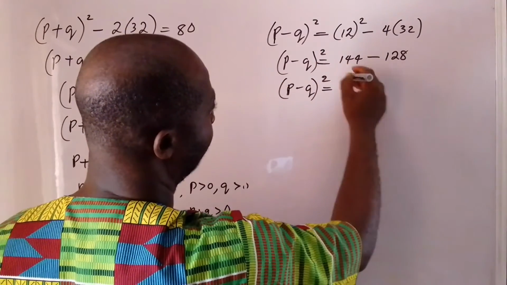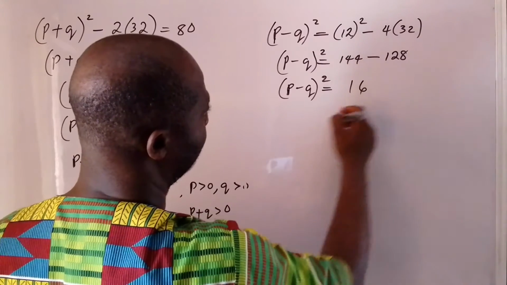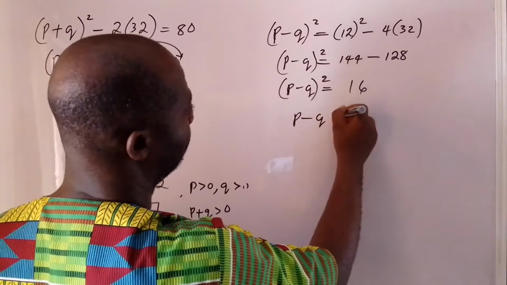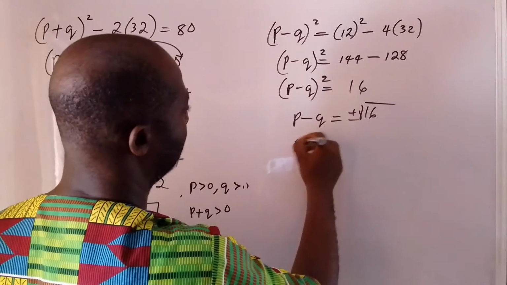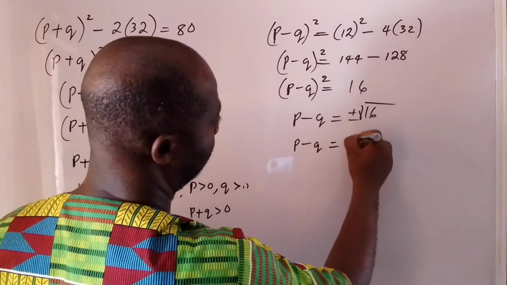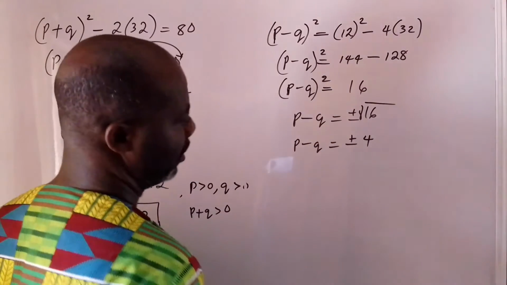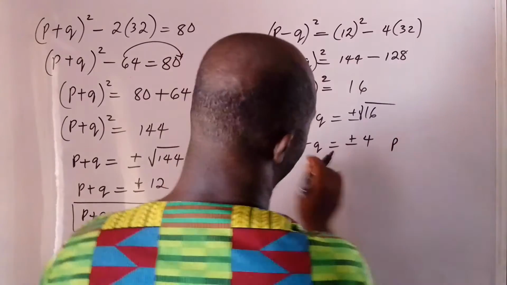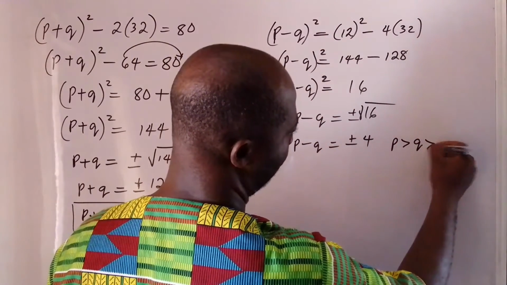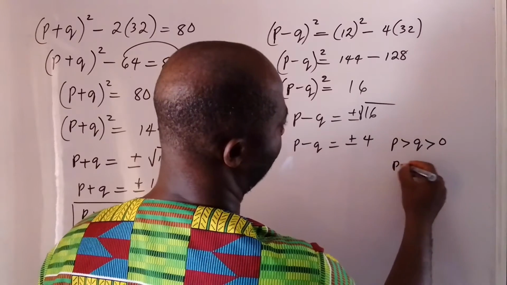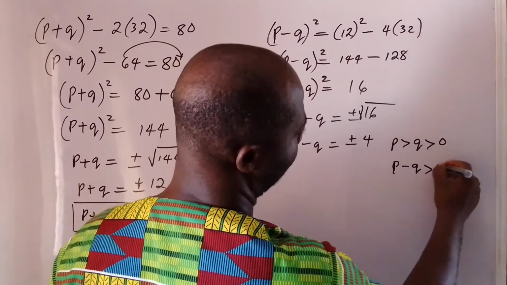So from here we have 16. Then p minus q will give us plus or minus the square root of 16, so p minus q will give us plus or minus 4. As usual, because this is a difference, p will be greater than q, and q will be greater than 0, so that p minus q will be greater than 0.